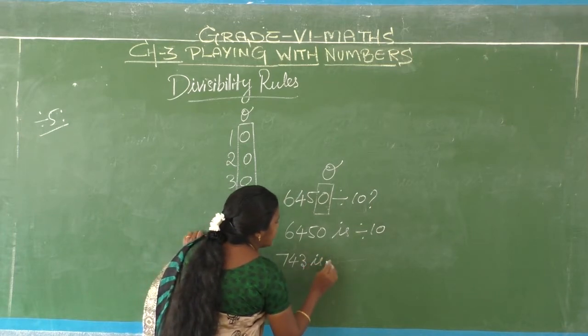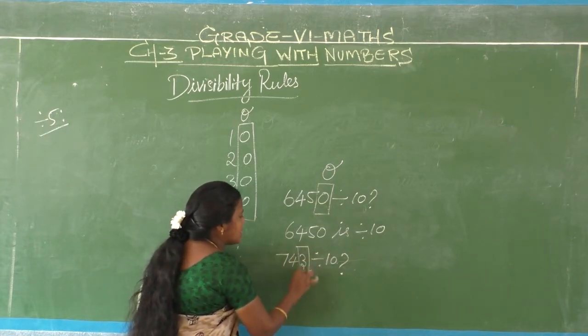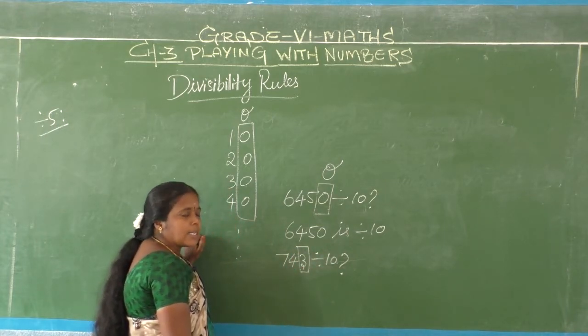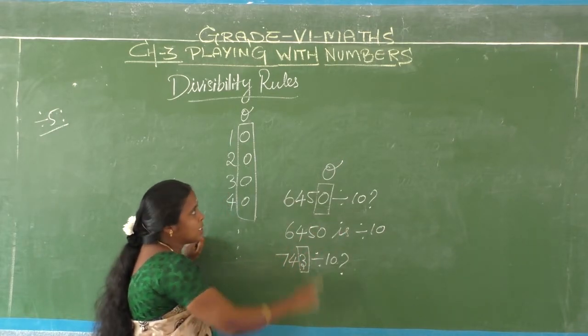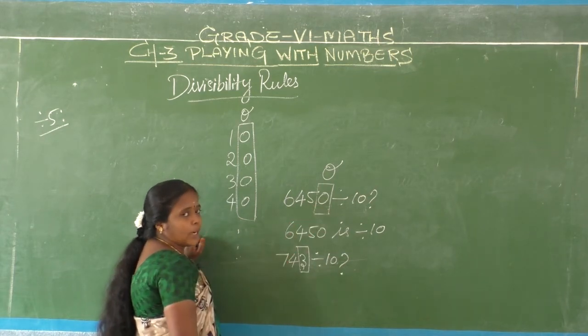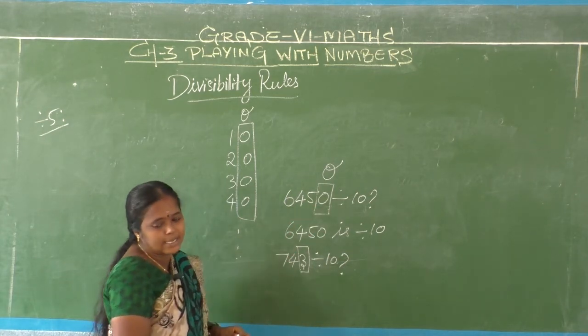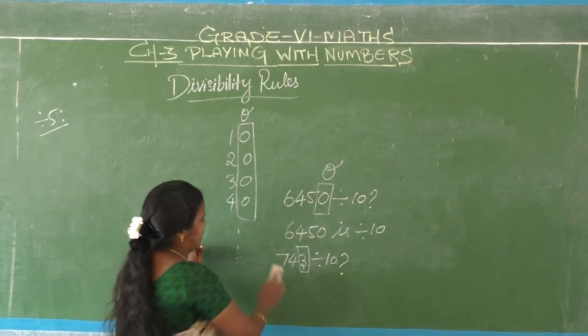Is it divisible by 10 or not? 3 is in its ones place, therefore it is not divisible by 10. The condition of divisibility by 10 is that there must be 0 only. But here 3 is present, so we can say it is not divisible by 10.